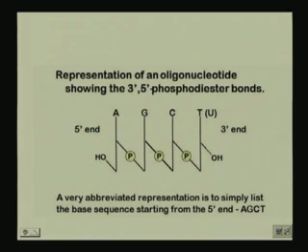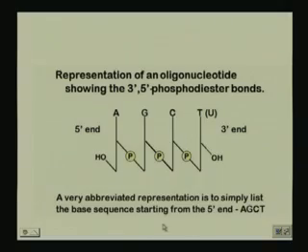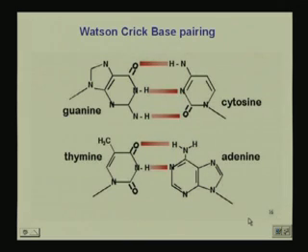The same goes for nucleic acids. You know that they are all linked by 3 prime 5 prime phosphodiester bonds. So, there is no need to write the sugar or the phosphate. All you essentially do is simply list what is called the base sequence, just like you would list an amino acid sequence.